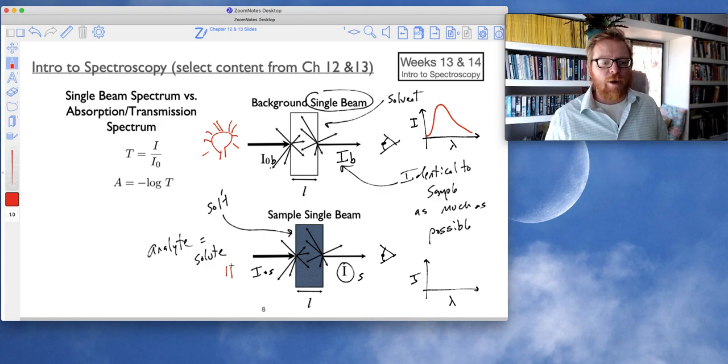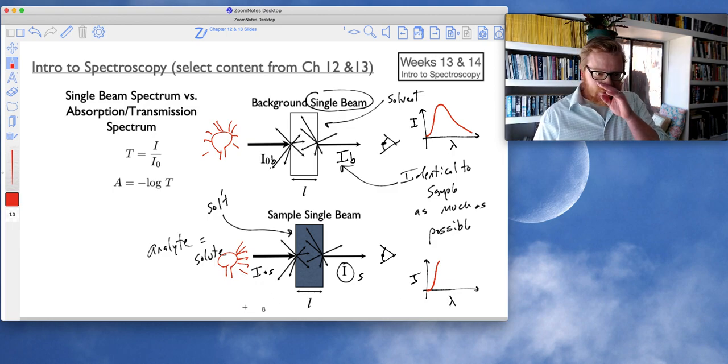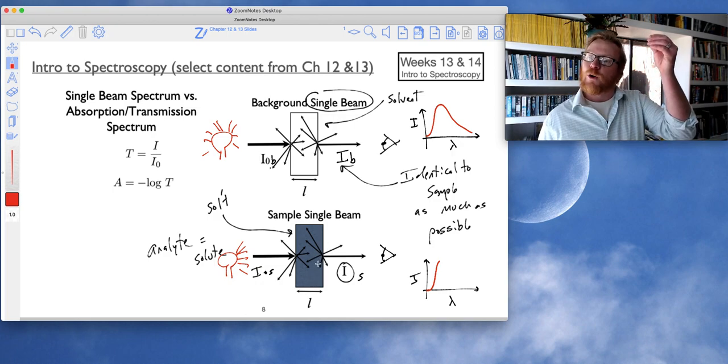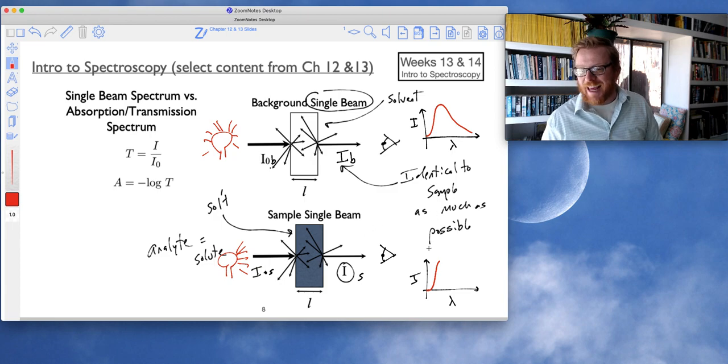And so now over here, we've got the same light source, but now we've got some absorbing samples, okay? So this sample single beam spectrum is still going to have this Boltzmann distribution of wavelengths, of intensities. However, if there are absorbing molecules in there, they're going to remove some of that intensity.